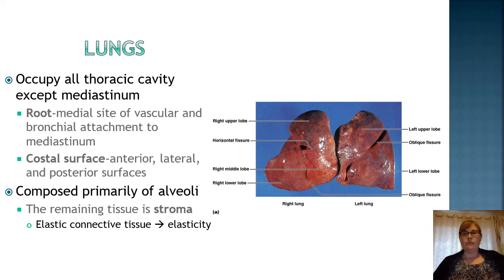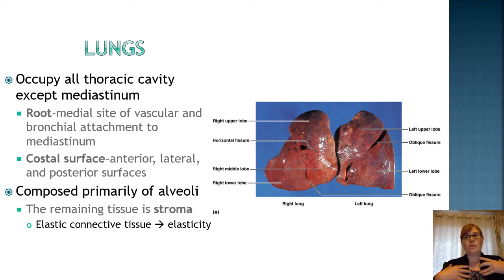All right, and so a few of the terms that we need to understand about the lungs. First thing is that the lungs fill up the whole thoracic cavity with the exception of the mediastinal structures. So we're talking about the heart, the major blood vessels, all the structures in here are mediastinum, the rest is all thoracic cavity. As far as terms to know, the root of the lung is the medial site of vascular and bronchial attachment to the mediastinum.